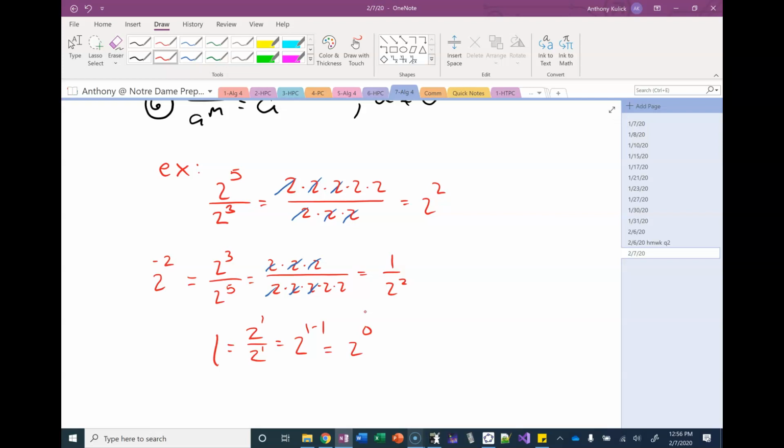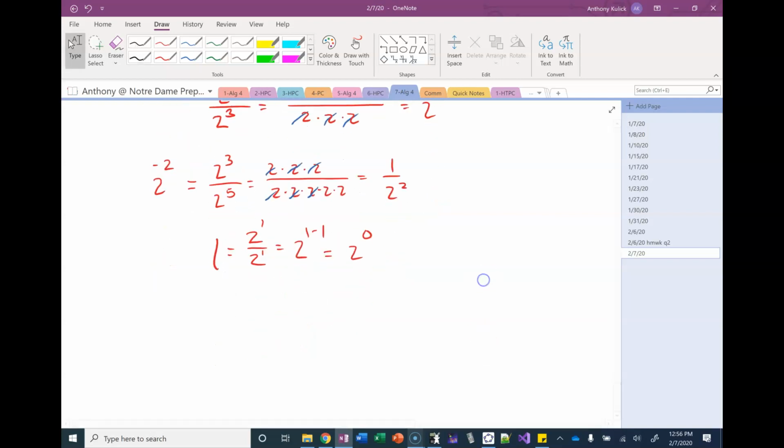That's what it means. Okay, so these examples were just to demonstrate why these properties work, rather than proving them. I just gave you an example that illustrates the main ideas of the proof.